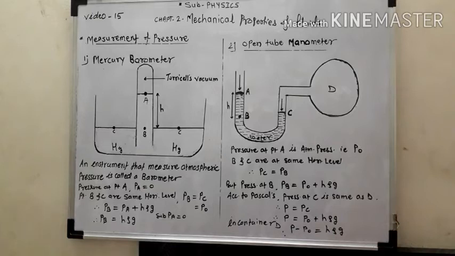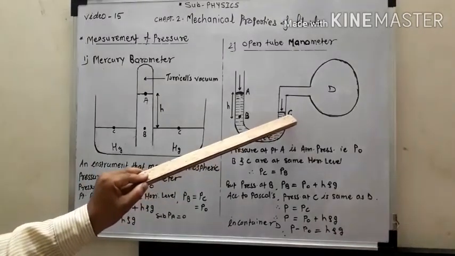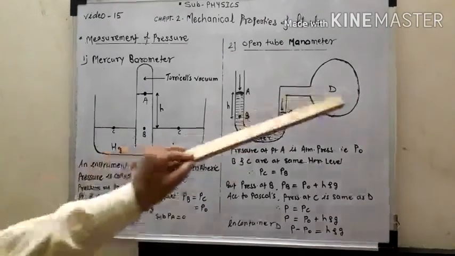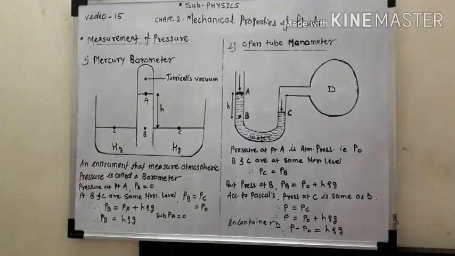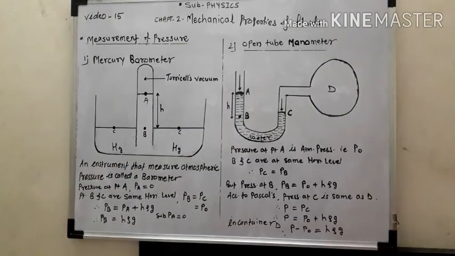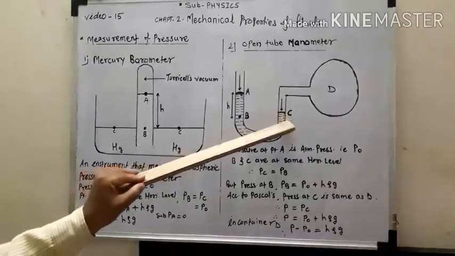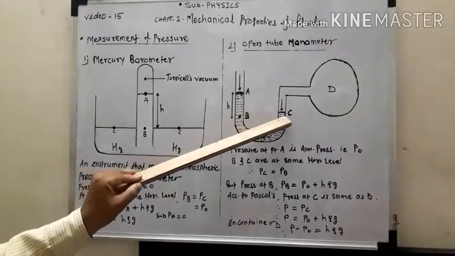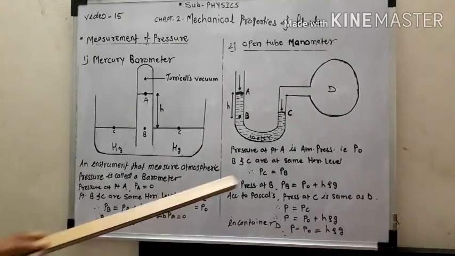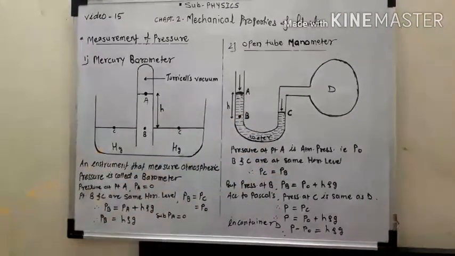To find the pressure at point C, which is exposed to the pressure of the gas in the container D, we consider the point B in the open arm of the manometer, at the same level as point C. Point B and point C are at the same horizontal level, and the pressure at B and C are the same. Therefore, we can write PC is equal to PB.